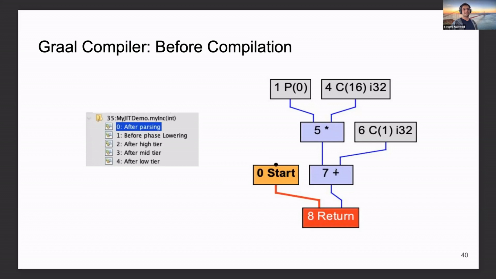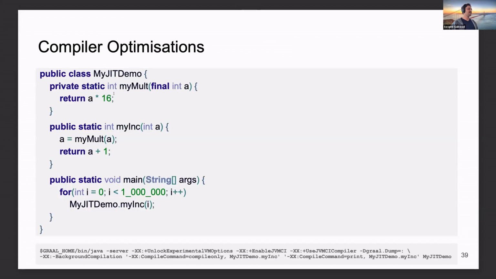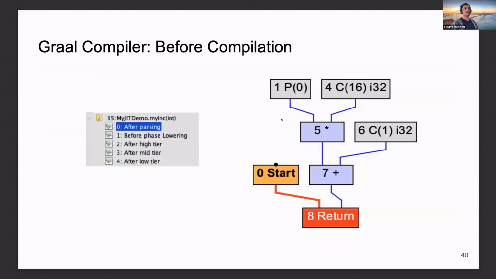It is returning the addition with 1, and the value 1 is added to the result of multiplication, and the multiplication is with arg-a, first argument, and 16. So if you go back, it's the argument multiplied by 16, the same a, and we are adding 1 to it. So that's what we are seeing here.